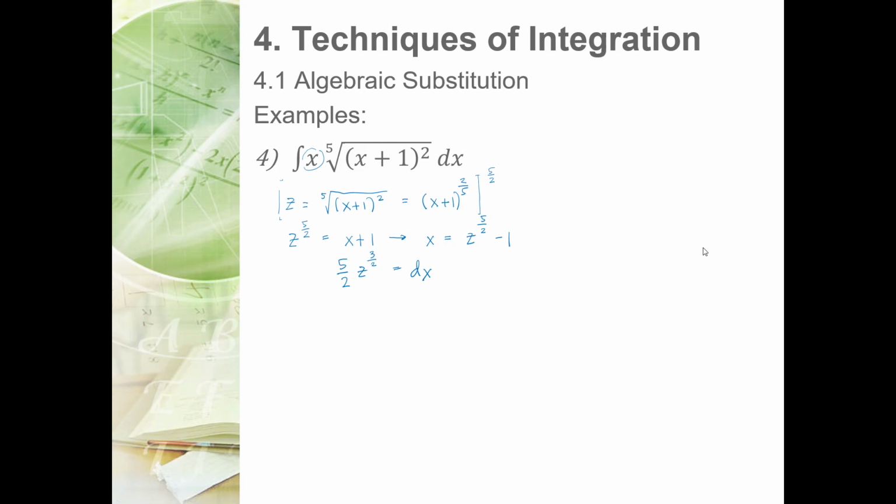Okay, so if we try to observe again, x here is going to be this item here, z to the 5 halves minus 1. Fifth root of x plus 1 squared will become the z parameter. And then dx will become 5 halves z to the power of 3 halves.